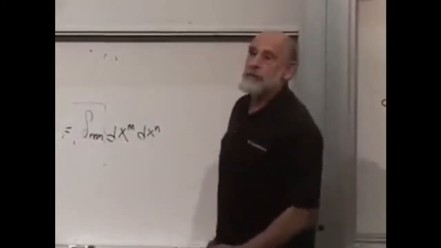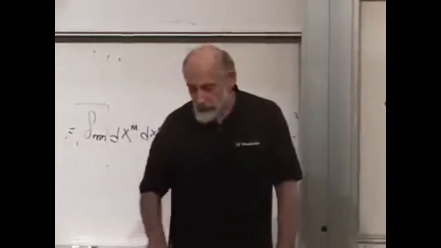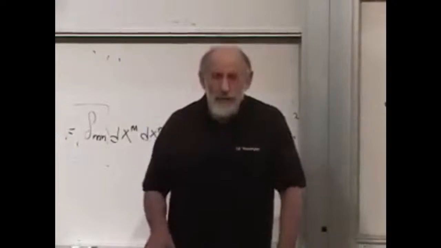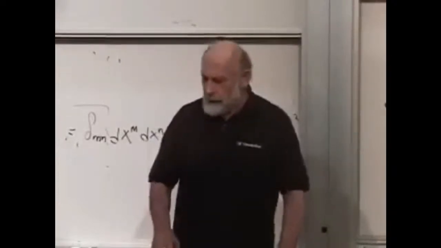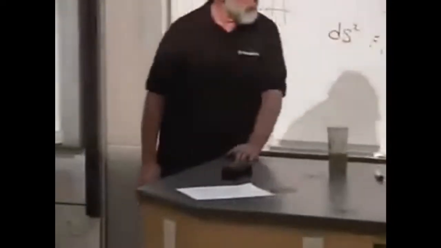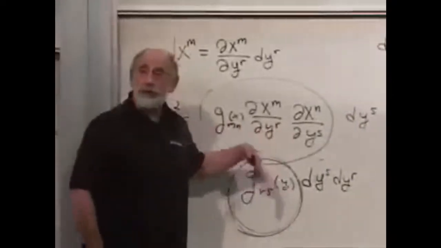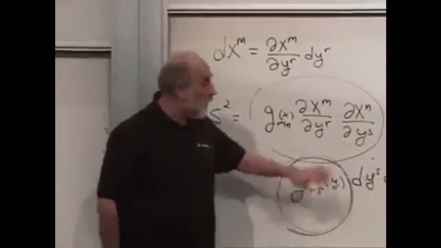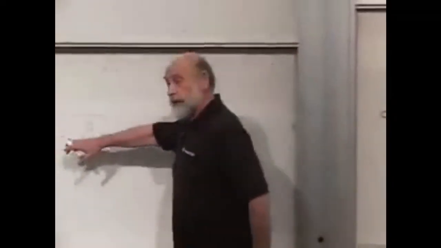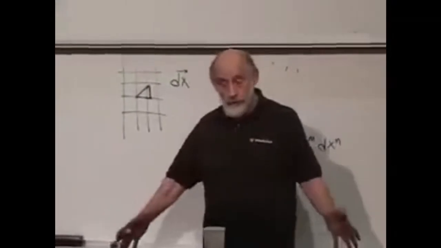Now, it's possible that a space be flat in some places and not in others. For example, this tabletop could be connected to something over here which was a spherical dome. In that case, over some region of space you can find a coordinate transformation which will straighten out the metric, but not everywhere.